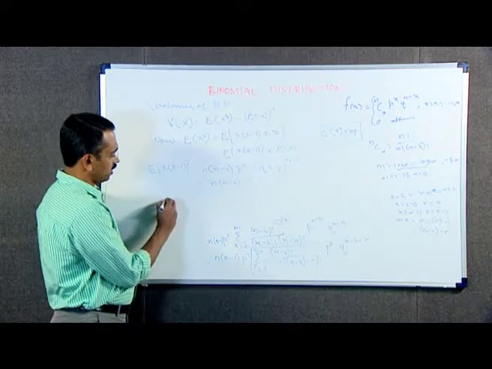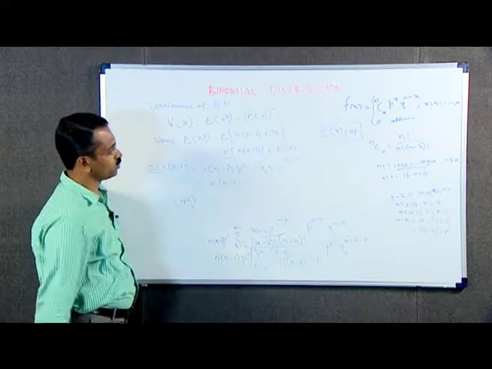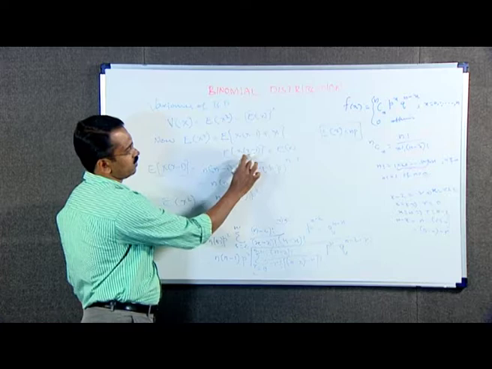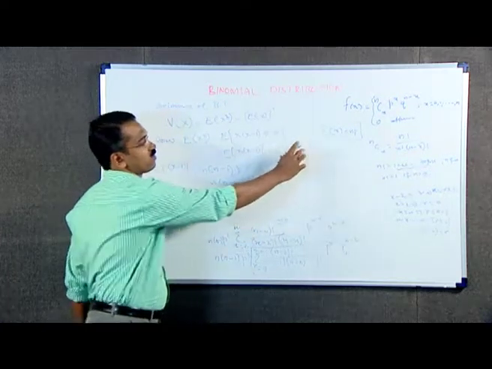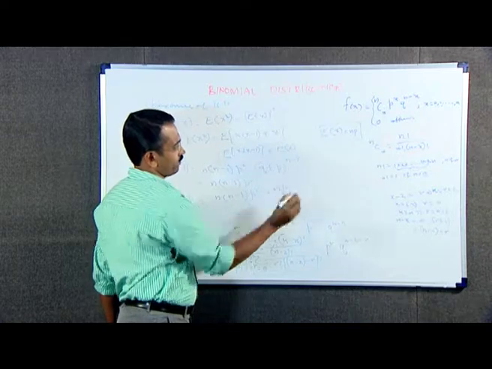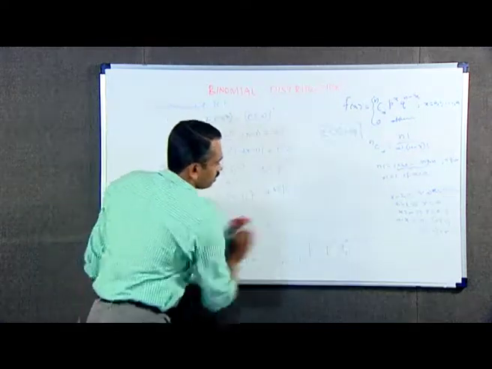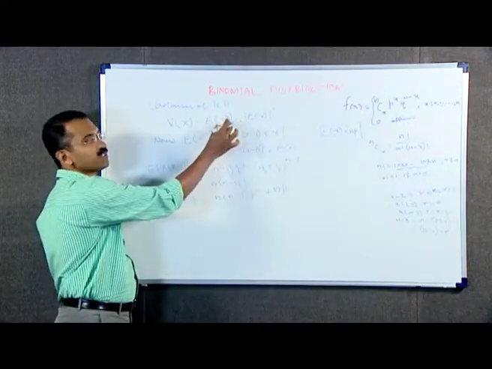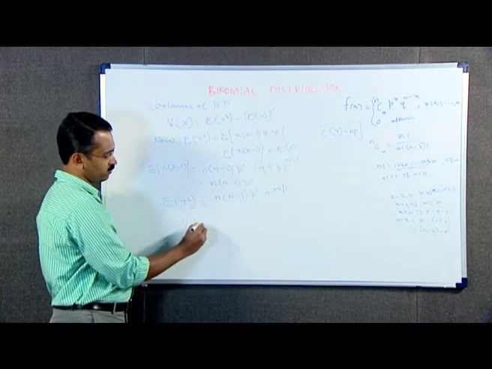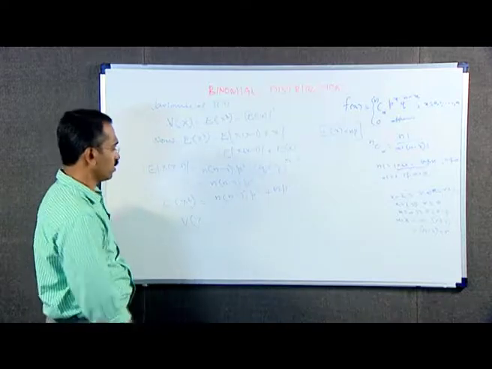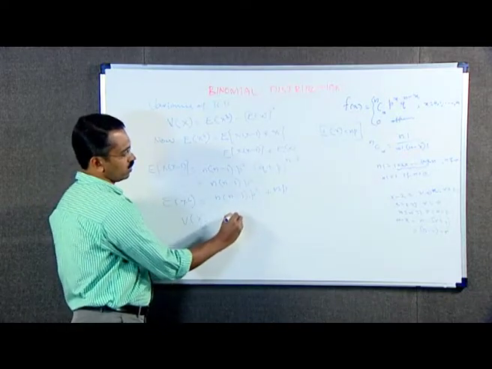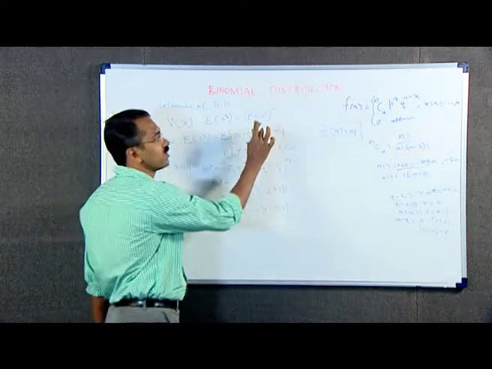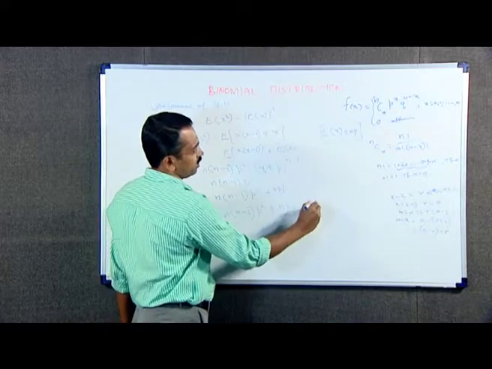We get expectation of x square is equal to n into n minus 1 p square plus expectation of x is np, and therefore, variance of x is E of x square, n into n minus 1 p square, plus np minus E of x the whole square, that is np the whole square.